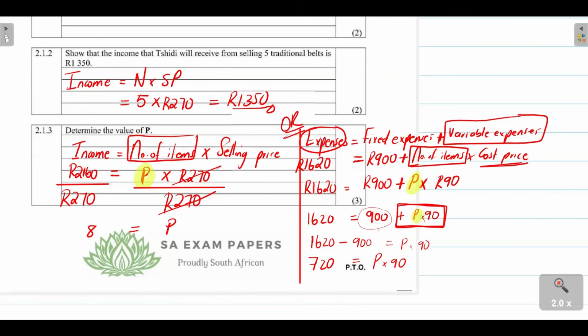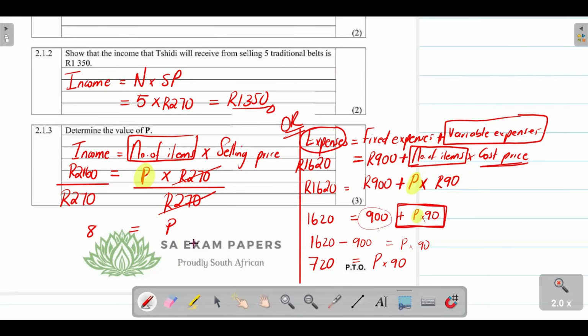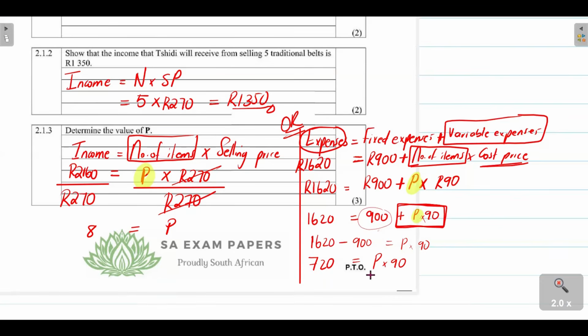You perform the inverse operation. In this case, I'm going to divide, because I'm multiplying it by 90. I want to cancel out my 90, so I'm going to divide by 90. What you do on the one side, you need to do on the other. Do you see that we're still getting the same answer, P is equal to 8?